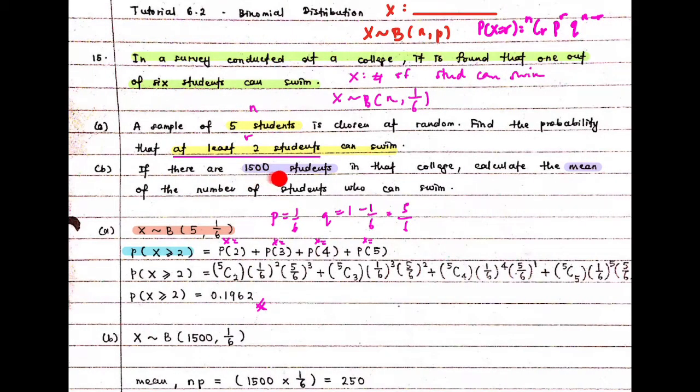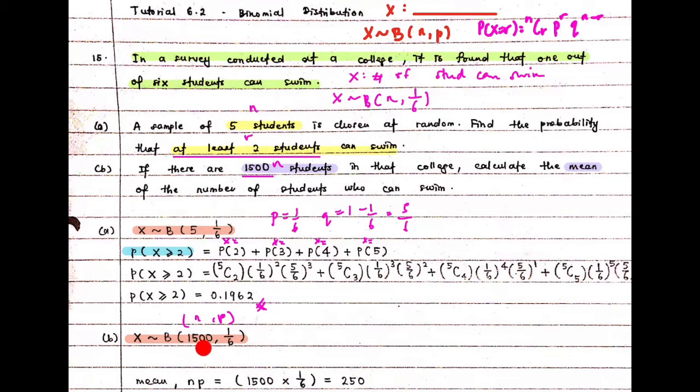Let's see the next question. If there are 1,500 students in that college, calculate the mean of the number of students who can swim. So now you're given n. Your n now is equal to 1500. Let's write the variable first. X ~ B(n, p).